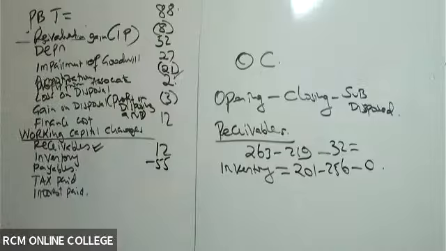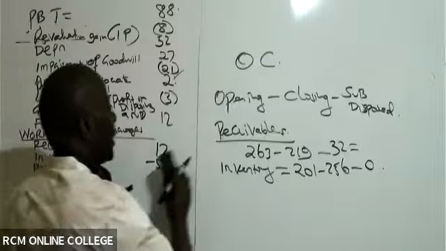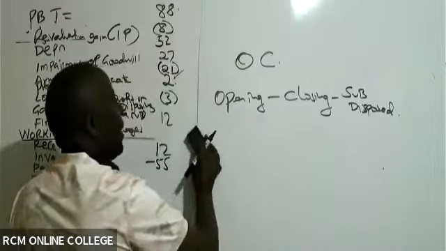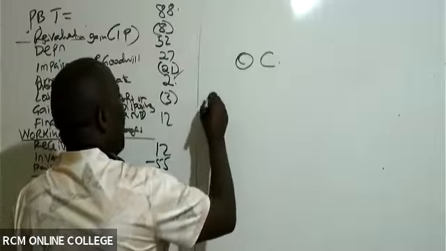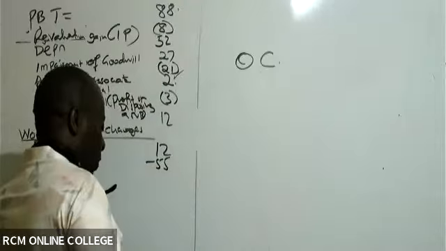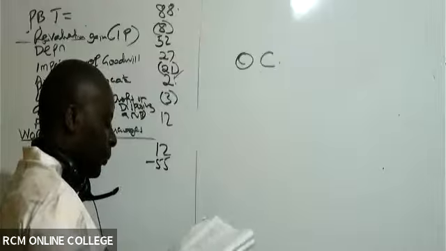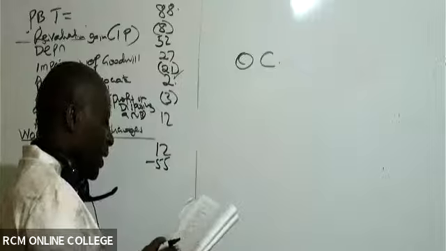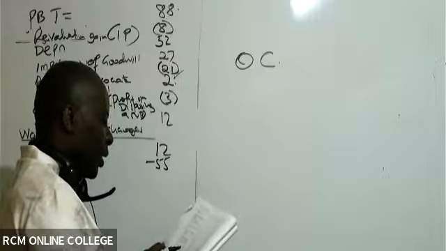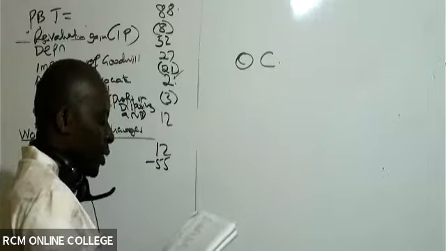Now for payables, not many will get payables easily. So for payables, you must be quite knowledgeable. Are you able to see the opening payables under current liabilities? Yeah, 486.